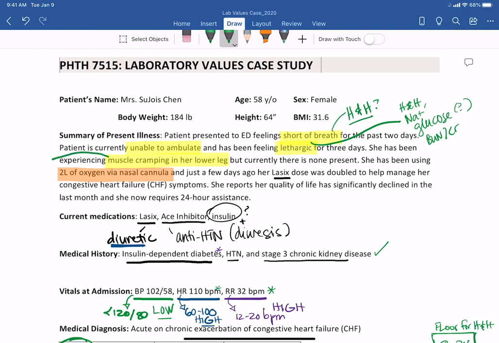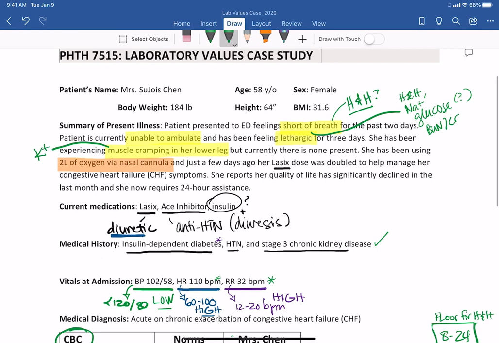Muscle cramping in lower legs. If I look back on the list of her lab values and what's outside of the normal range, this could be related to the potassium, because if potassium's outside of the normal range, that can affect cells with excitability, like muscles, and that might have been part of her muscle cramping. I highlighted 2 liters of oxygen because this will become an important piece going forward.